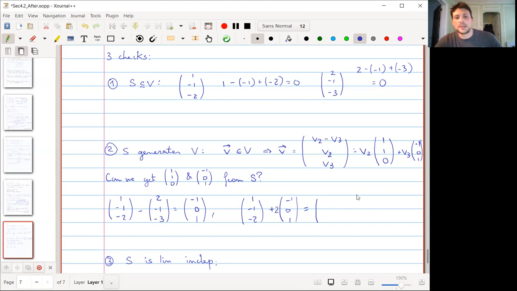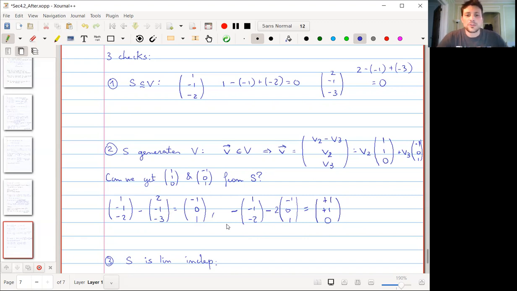I get 1 minus 2, so that's minus 1, and I get negative 2 plus 2, so that's a 0. That's not quite the vector I wanted to get, but it got me close enough that I can take a guess. And maybe I can make a minus here and a minus here so that all the signs are changed. And when I do that, I do get my second vector.